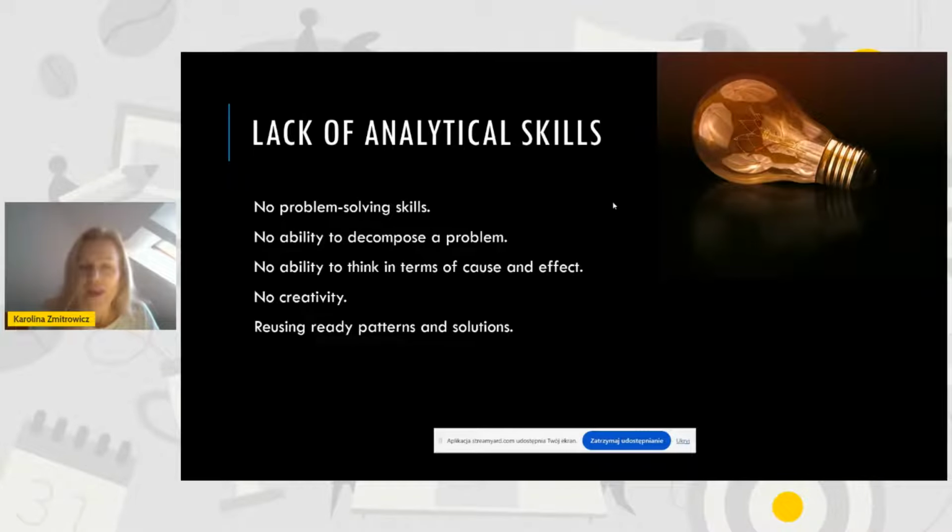What does it mean? Analytical skills are about the ability to decompose the problem, to understand what is the reason of the problem, what are the underlying causes and effects, the ecosystem, constraints, and conditions that are actually impacting the problem.